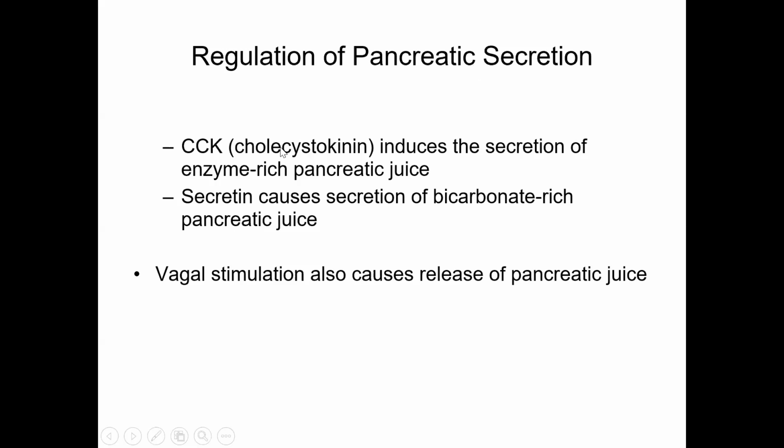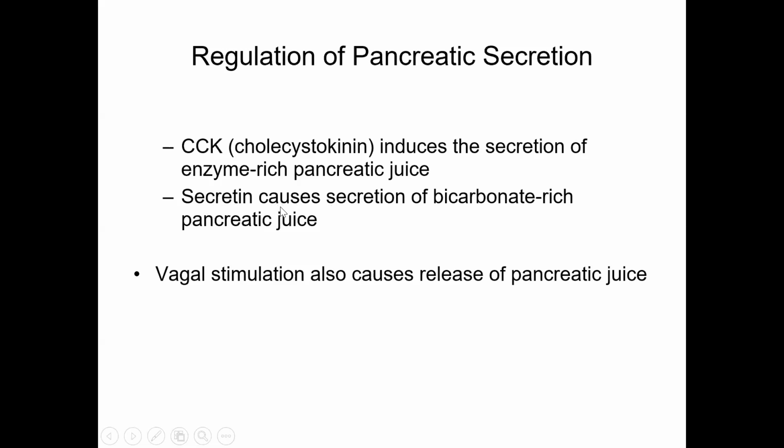Okay, so I want you to remember secretin. In terms of function, there are some overlapping functions, but I want you to remember the specific one. Secretin is actually more sensitive to pH changes in the stomach.